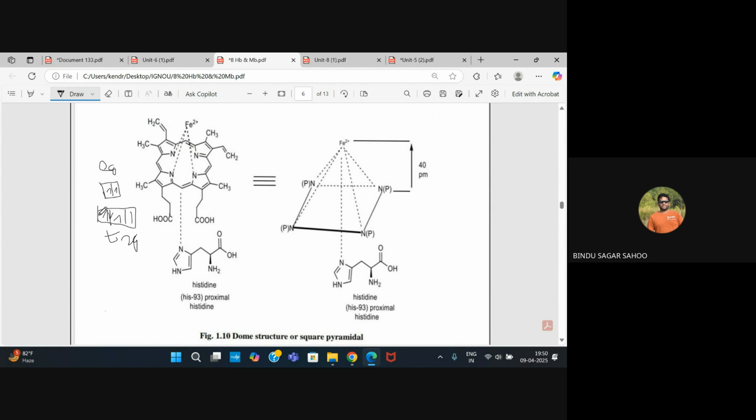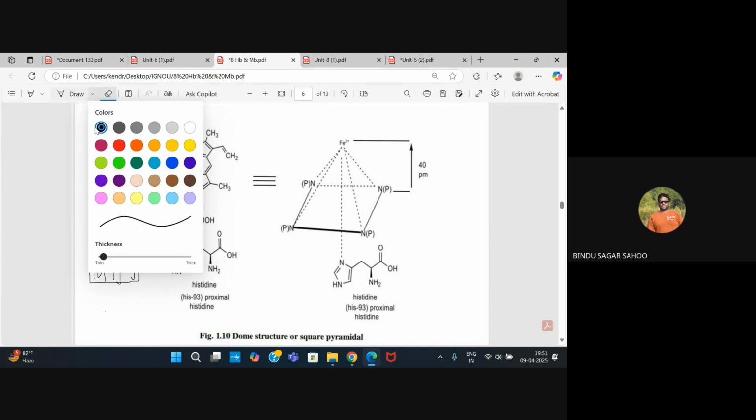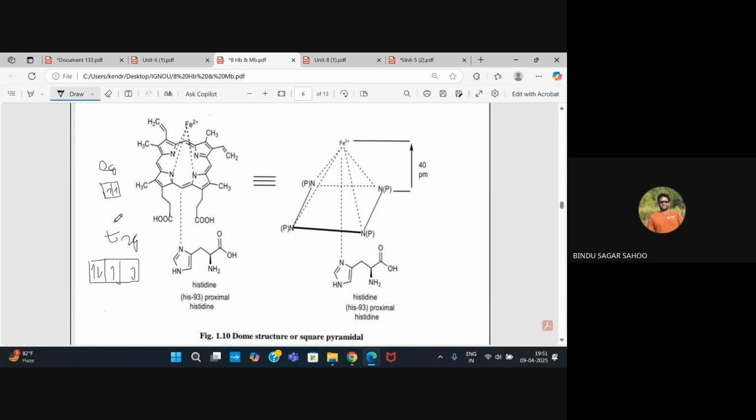d6. You can set it to t2g, eg. That means its electronic configuration will be like that.